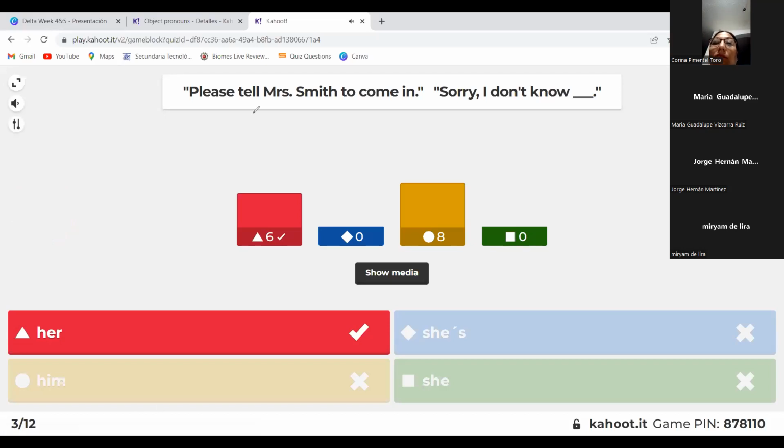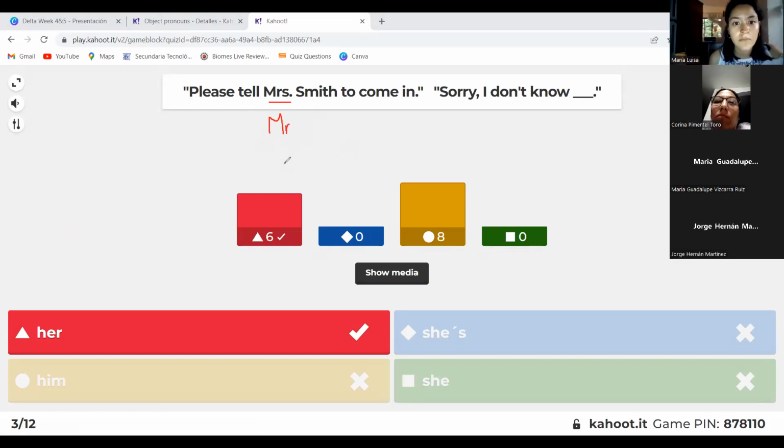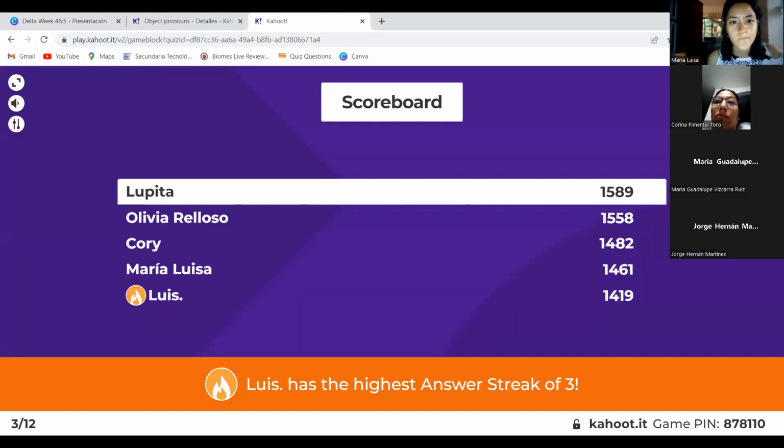Aquí, a lo mejor aquí fue error mío, chicos. Mrs. es señora. Señor es así, Mr. Esto es señor. Y esto de aquí es señora. Por eso le pusimos her. Pero los que me pusieron him, a lo mejor ahí no especifiqué, una disculpa. Pero es por eso. Entonces es señora Smith.